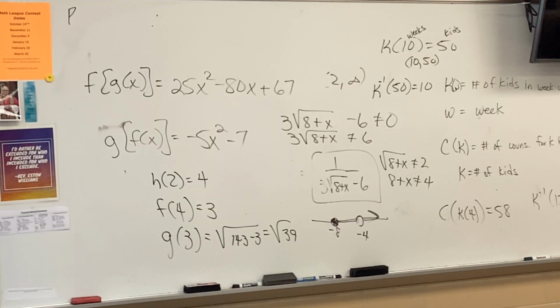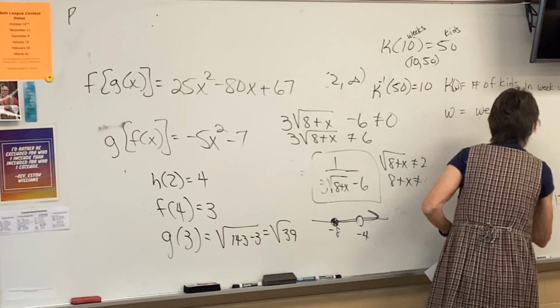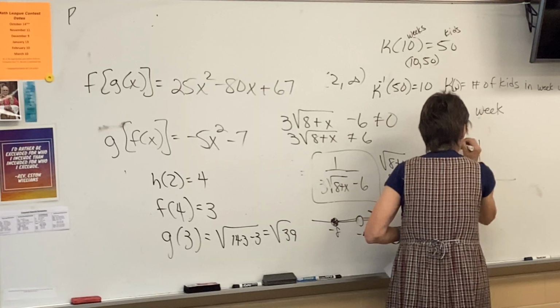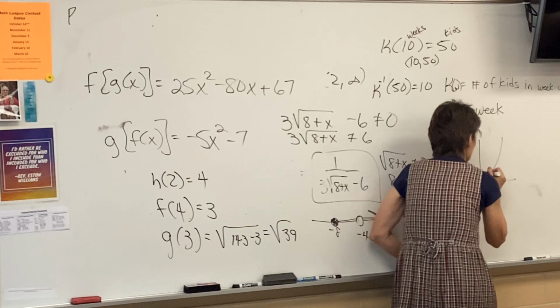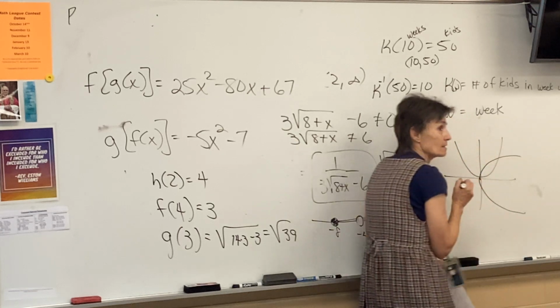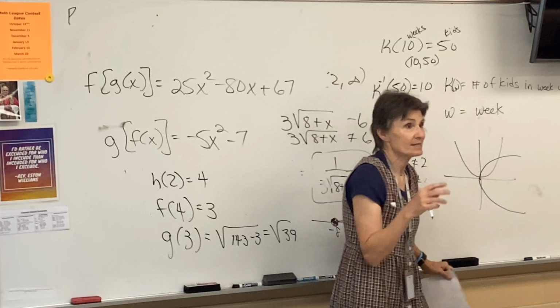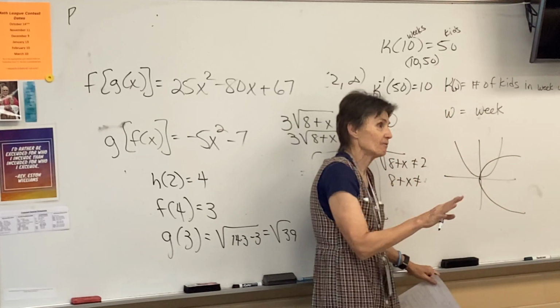We talked about this a little bit. If we start with a parabola, for example, opening up, its inverse would look like this. In other words, it's not considered invertible because the inverse is not a function.